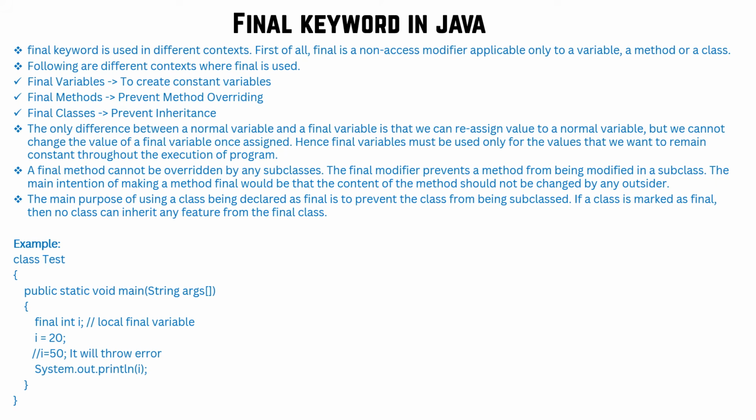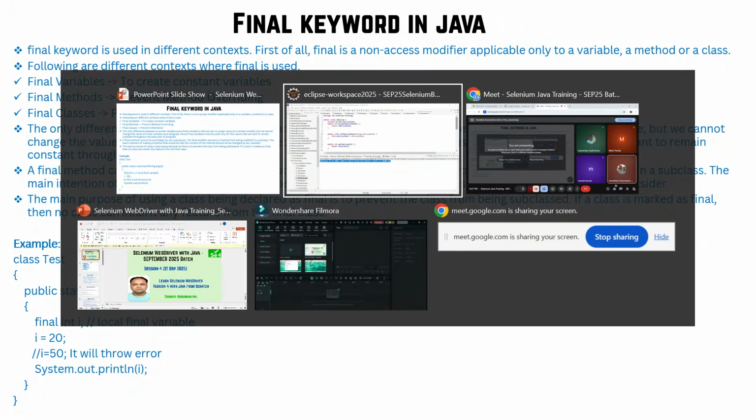In case we do not want to change a method, we can make it final to prevent method overriding. So at variable level we can make it final to make a constant variable. At class level, if you want to prevent inheritance, we can make the class final. At method level, if we do not want method overriding, we can make it final.